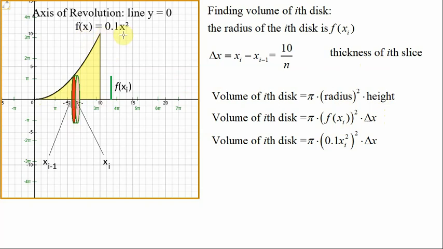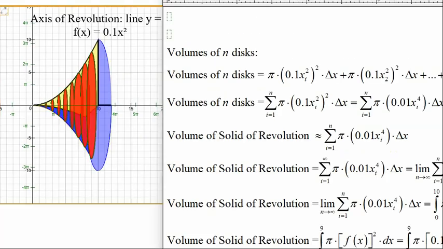But f of x is 0.1 x squared. And therefore f of x sub i will be 0.1 x sub i squared. And so this is the volume of the ith disk, or the ith slice.